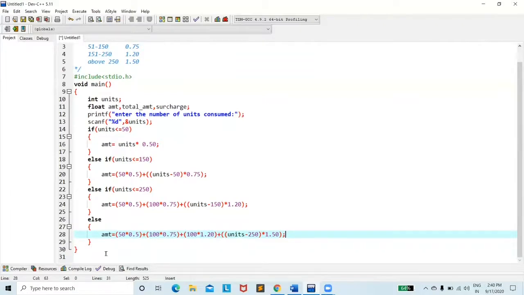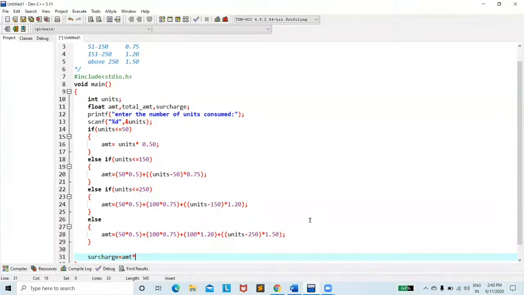But don't forget we have another condition, that is to calculate the surcharge. It is mentioned that a 20% surcharge will be added. So let me calculate the surcharge. Surcharge is 20% of the amount, which is nothing but amount into 0.2.